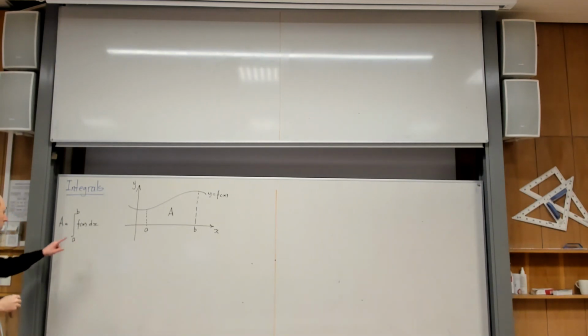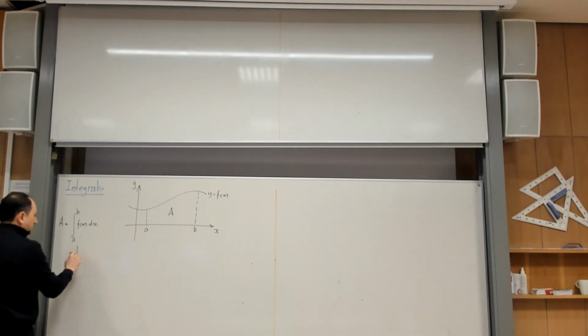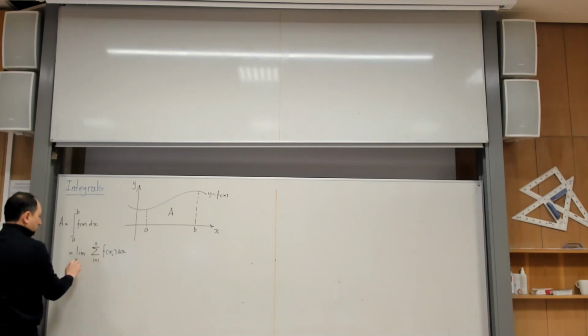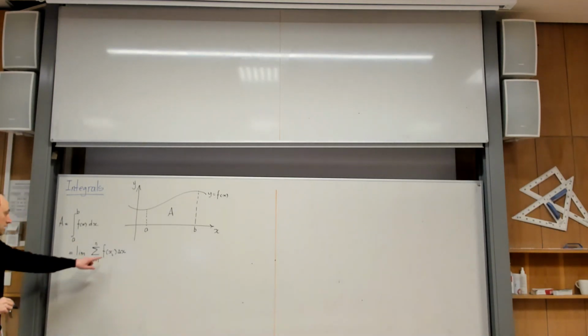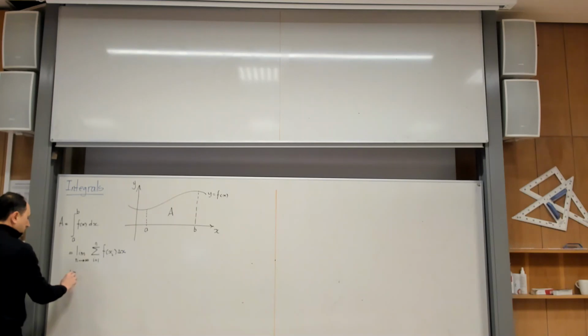And so far, if I tell you what is this symbol, you just tell me that this symbol means a limit of a sum of f of xi delta x, where i goes from 1 to n and n goes to infinity. Yes. And then if I tell you what is delta x, it is b minus a divided by n.